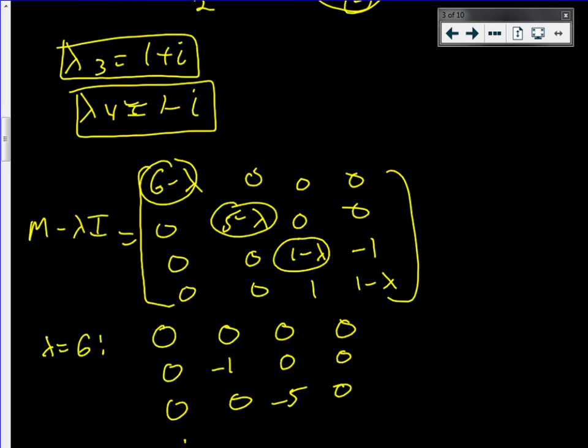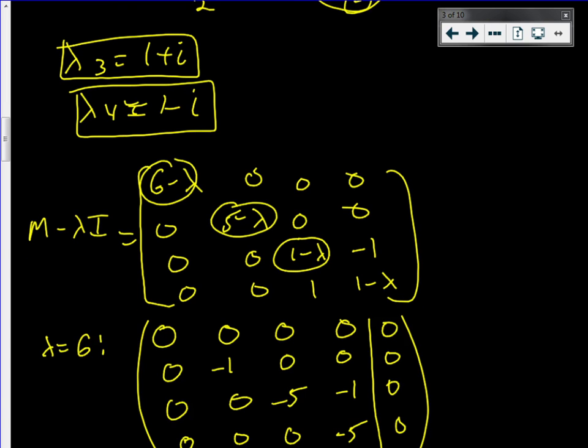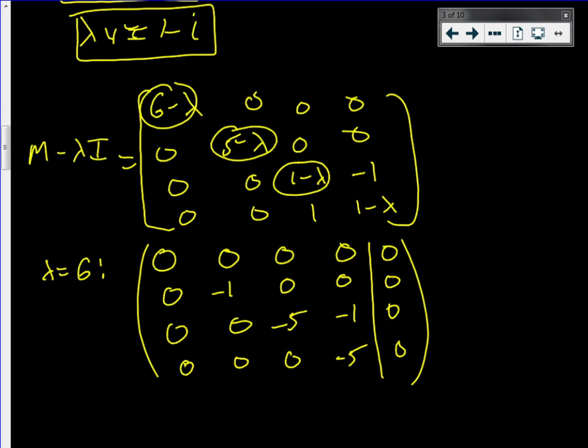So this is -1, and this is 0, 0, 0. 1 minus 6 is -5. Now, I want to know when this is equal to the 0 vector.